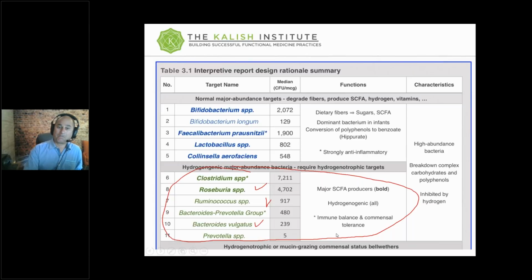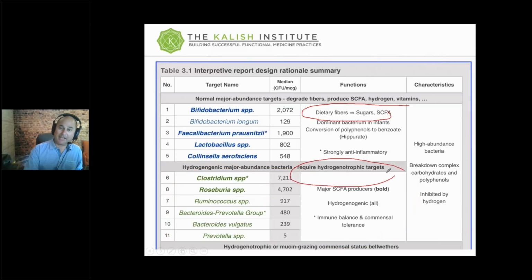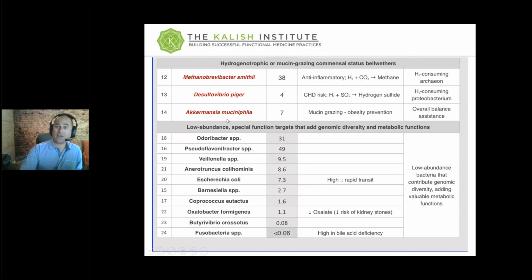Okay. So you've got a group that's breaking down fiber, you've got a group that's making hydrogen gas, and then you've got a third grouping here of organisms that are consuming hydrogen, right?